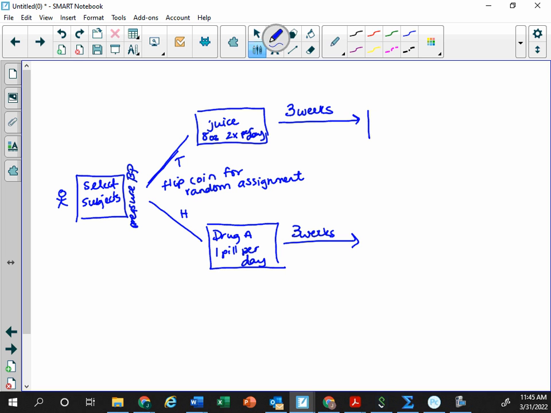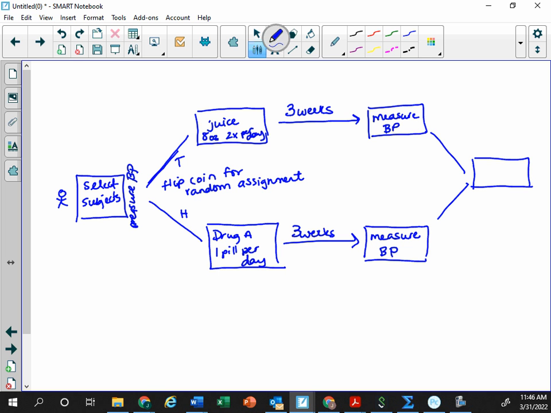Test their blood pressure again, right? So measure BP. And then finally, we're going to look at these together and make a comparison. So compare.